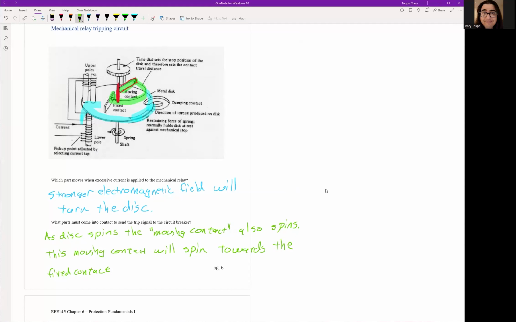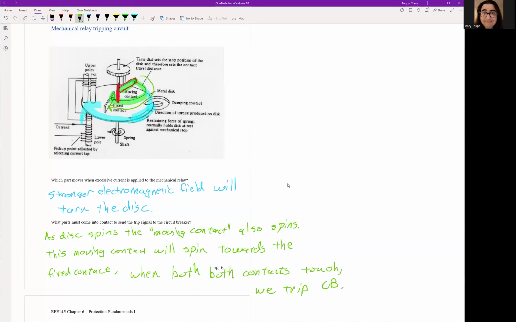It'll swing over from this way and all the way down like this. Eventually, the moving contact and the fixed contact will touch each other, and then a circuit is completed. So this moving contact will spin toward the fixed contact, and when both contacts touch, we trip the circuit breaker.